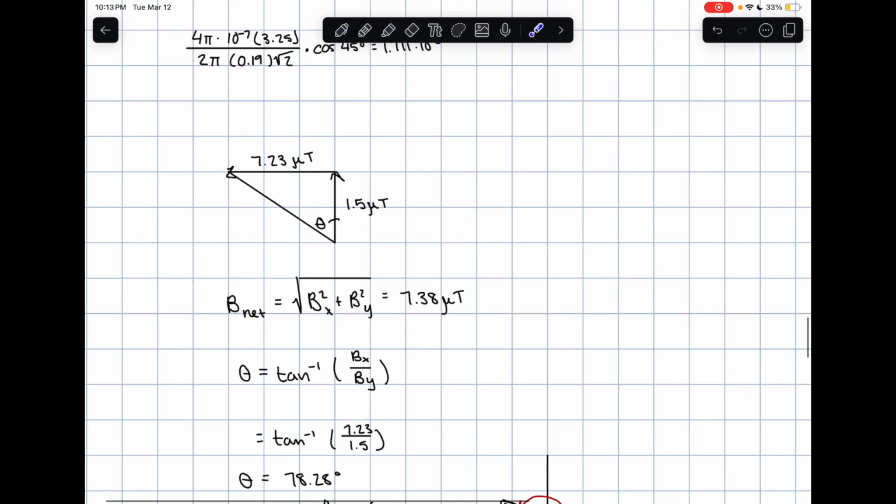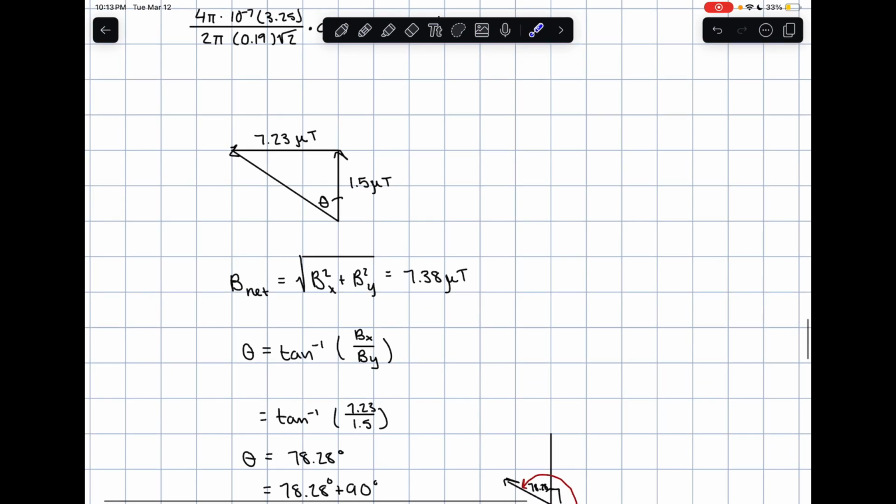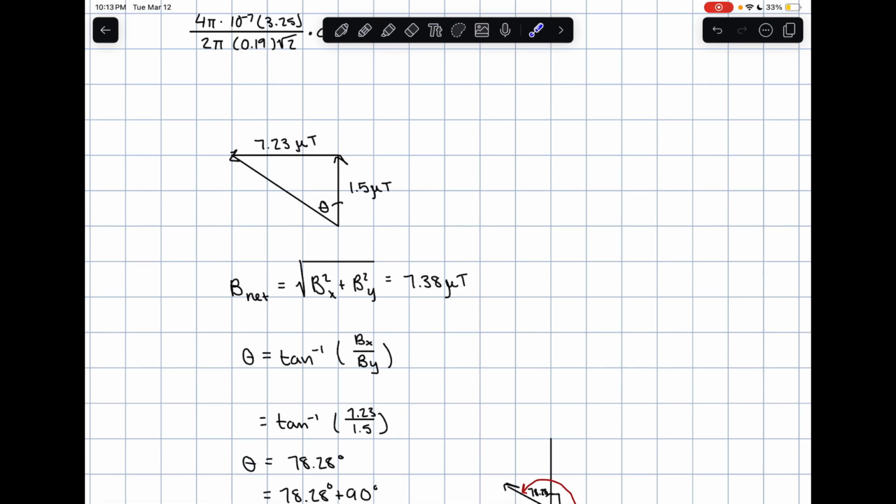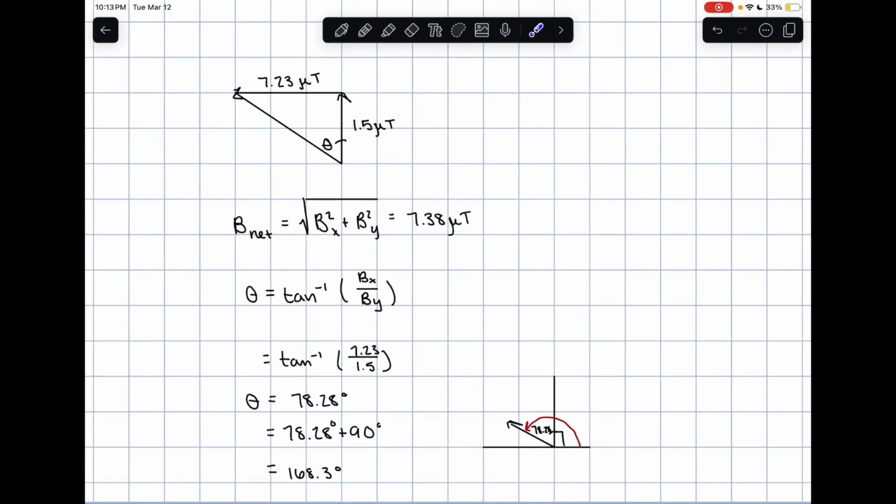So now that we have this little vector diagram set up, it makes it a lot easier for us. We know that theta will be equal to the inverse tangent of the opposite over the adjacent. So we can just say theta is equal to inverse tan of Bx over By. We plug in both of our values, and we get theta is equal to 78.28 degrees. Now, remember, though, we are starting going upwards.